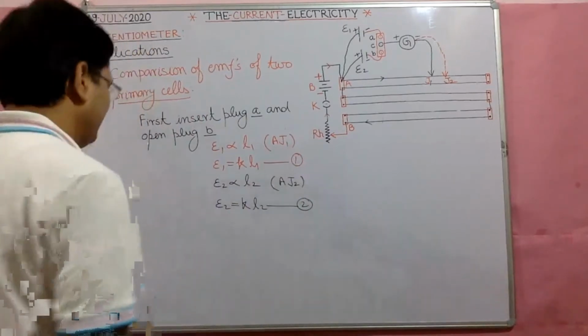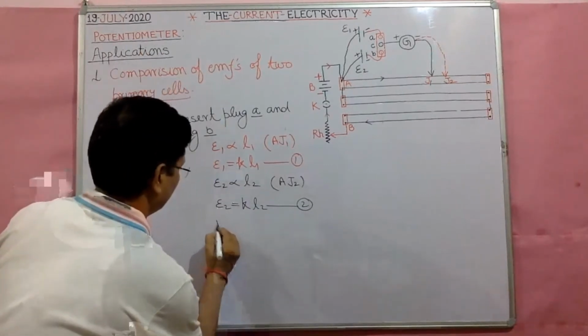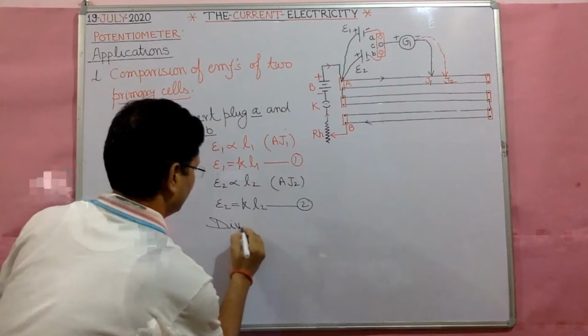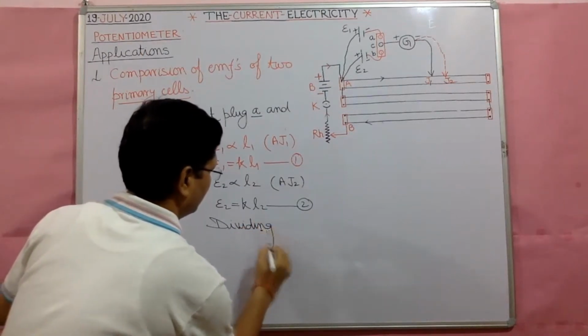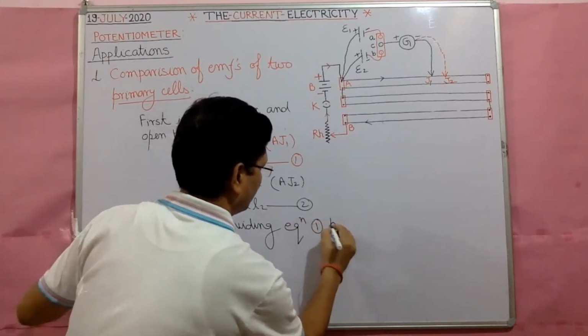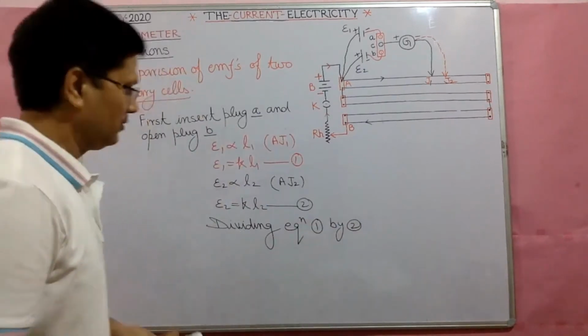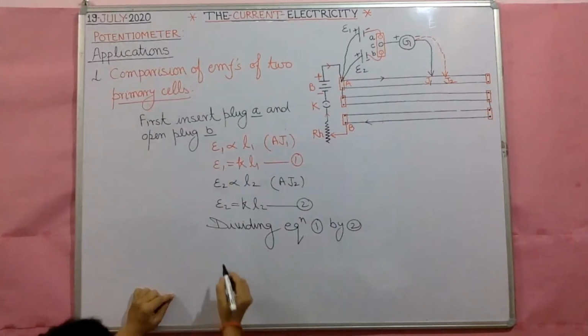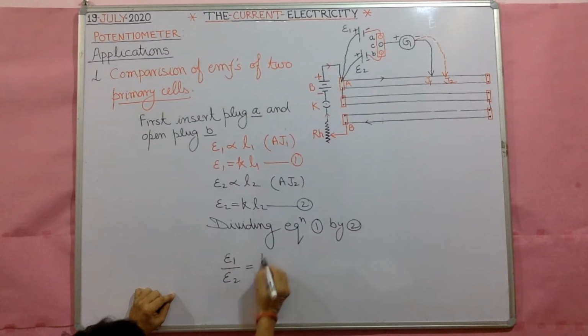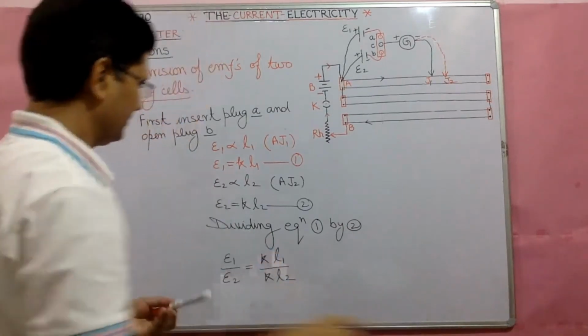Now dividing equation 1 by 2, we get E1 upon E2 is equal to K L1 upon K L2. K cancels out.